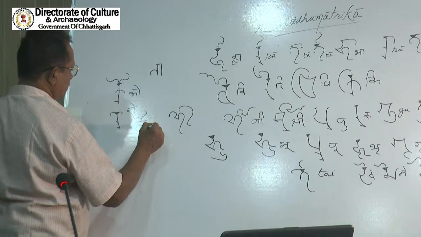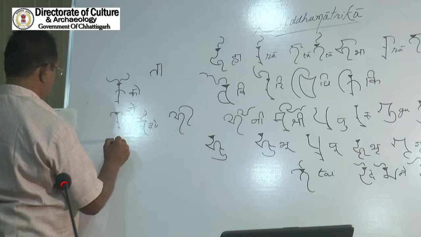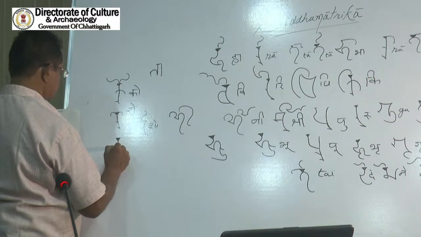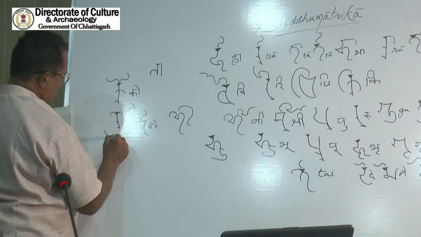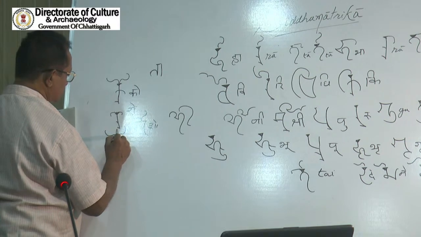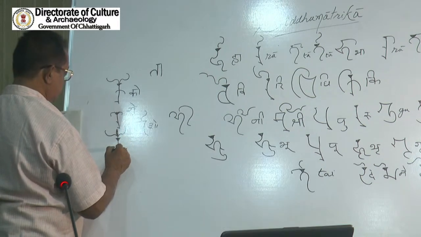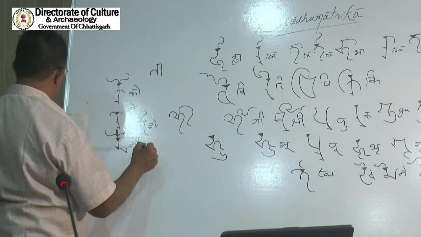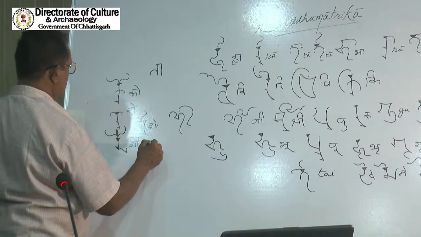Show. And outside, one will go like this, another stroke like this, and this is now Khari, and cow also you can write here.